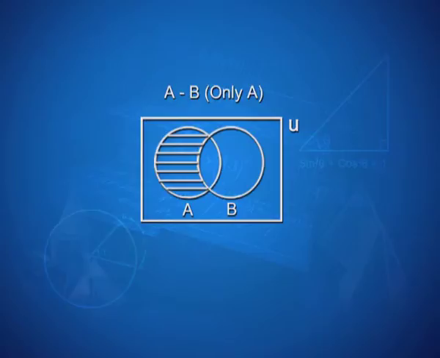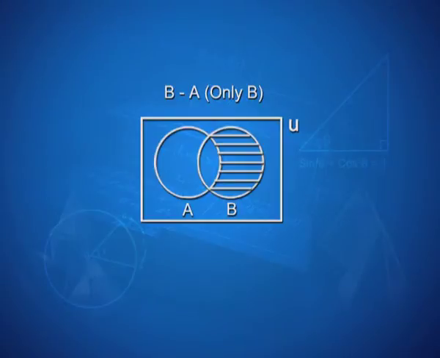Here, the shaded portion gives us A minus B, that is, all the elements that belong to only A, that is, all the elements belonging to A but not to B. Similarly, the difference of two sets B and A in the same order is given as B minus A. So, B minus A will be the set which contains the elements of only B but not A. With the help of Venn diagram, it will be represented like this.